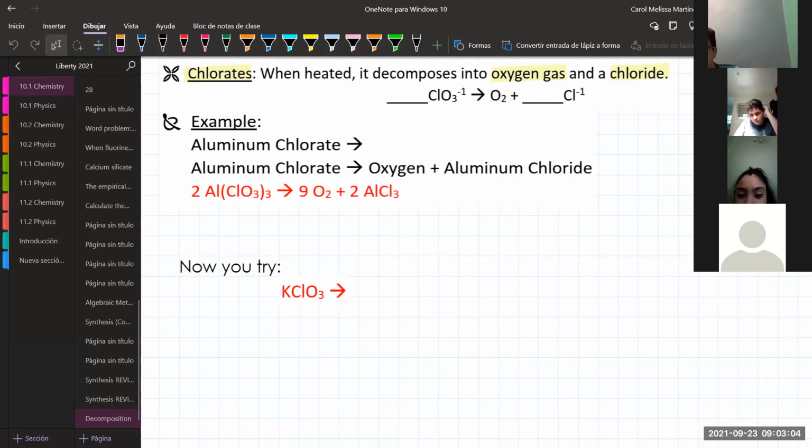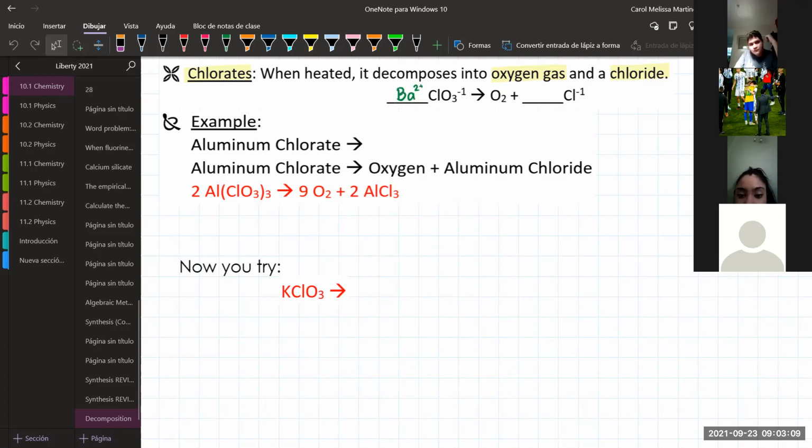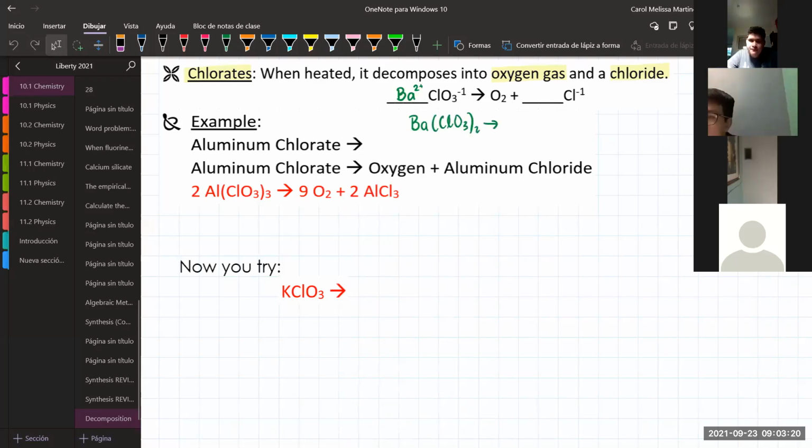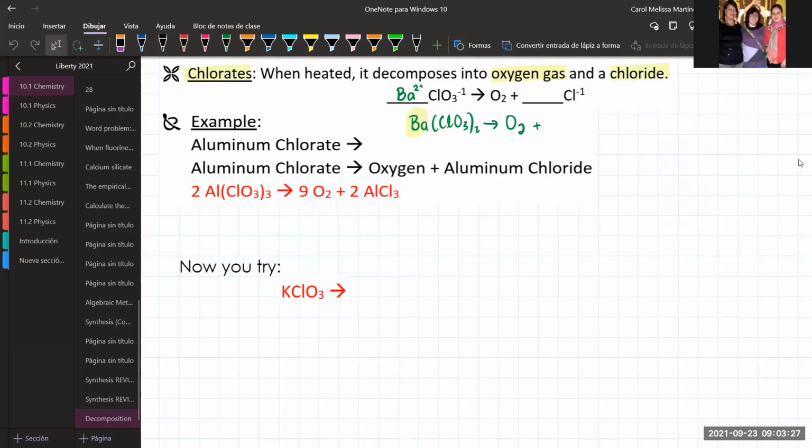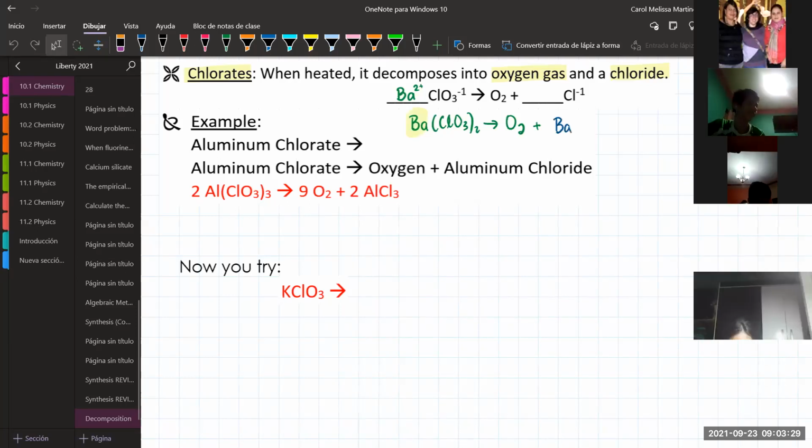So imagine that we have a combination of barium with chlorate, okay? So it's going to produce O2 mandatorily plus, now I'm going to take the metal from the main compound, which has a charge of 2+, and I will combine it with the chloride ion.